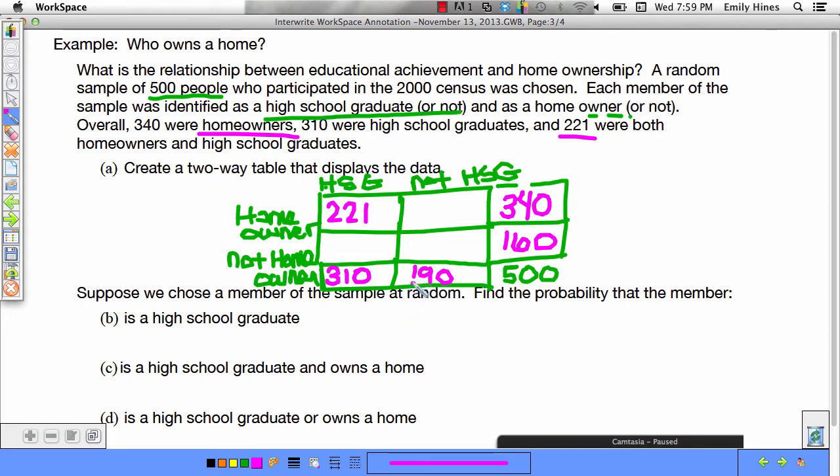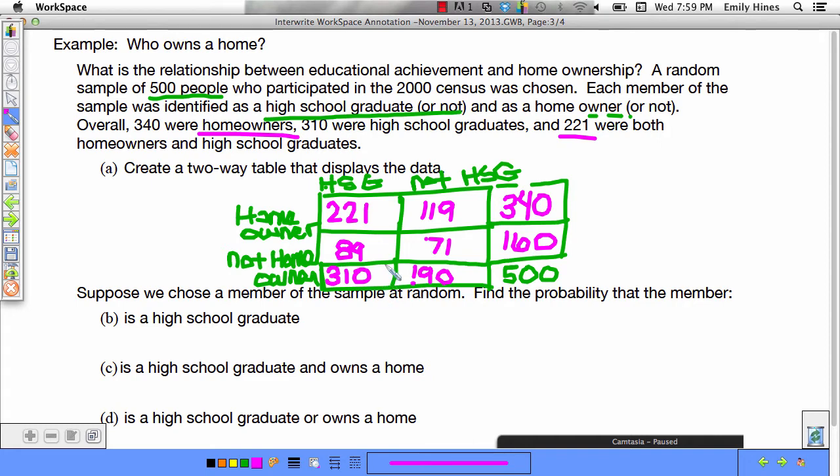Now based on these numbers, I can fill in the people who were high school graduates and not a homeowner, because I would subtract these two and get 89. And then I could subtract these to find the homeowners who were not high school graduates and get 119. And then my final number, I could do any number of ways, but I'm going to get 71.